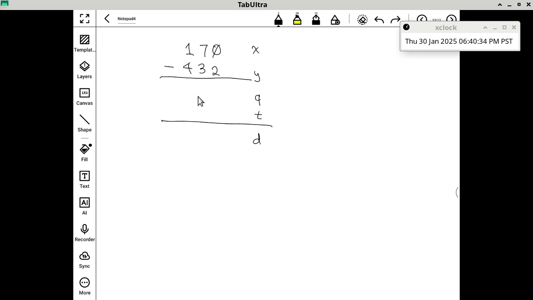Okay, so Q is the single digit difference when you're subtracting. So 0 minus 2 is, what do you think is the single digit difference of 0 minus 2? It's 8. Yep, it is 8. Okay, it is 8. Then 7 minus 3 as a single digit difference is, and then 1 minus 4, what is the single digit difference?